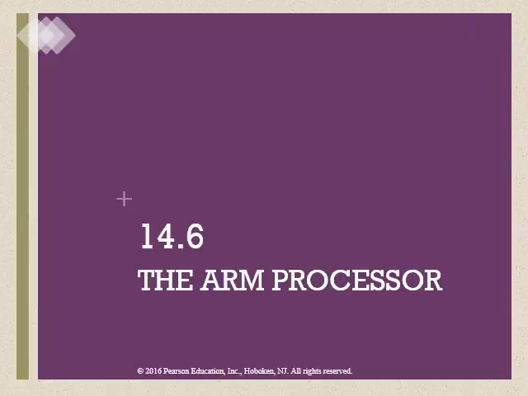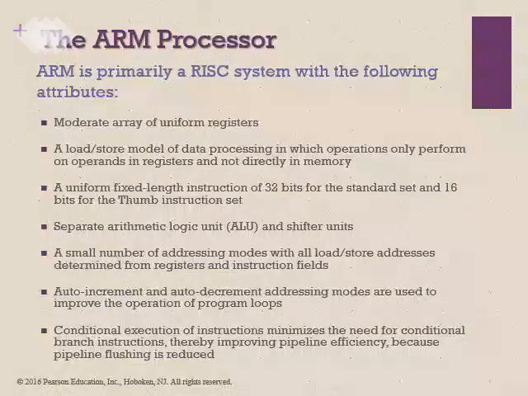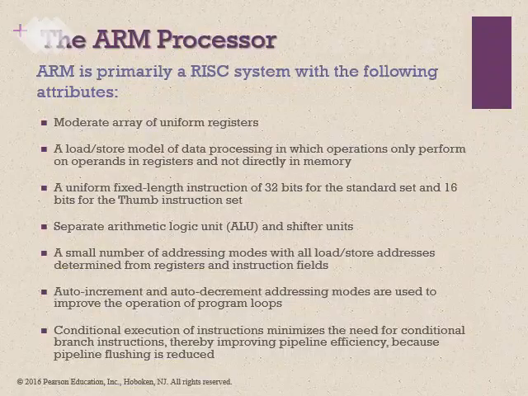After we have looked at the Intel processor, the last subsection, 14.6, is the ARM processor. We're going to look at some of the key elements of the ARM architecture and organization. ARM is primarily a RISC system, reduced instruction set, with the following attributes. Please have a read.